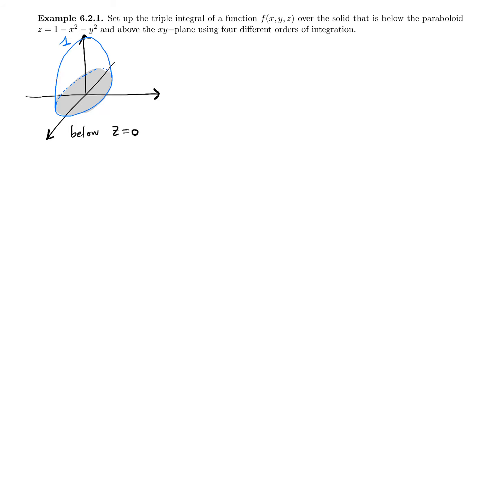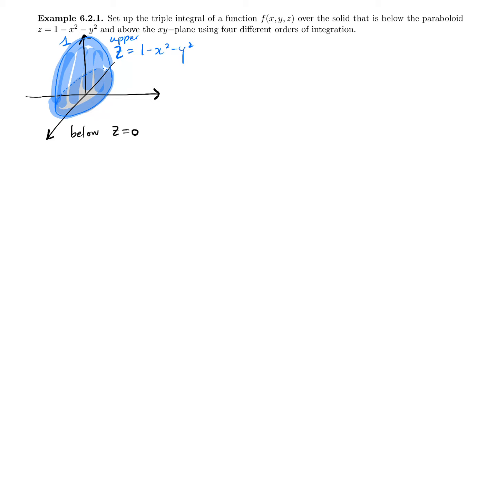And the upper surface of the solid is the paraboloid itself, z is 1 minus x squared minus y squared. That is our upper bound.